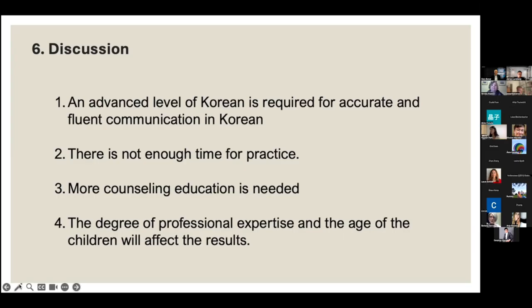It is possible to hypothesize that different perspectives regarding community interpreter training were affected by the degree of professional expertise and the interpreter's personal life experience, such as the experience of raising children. This is known because the Q methodology was used.